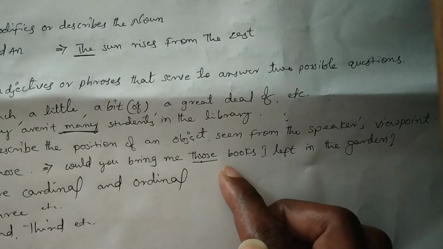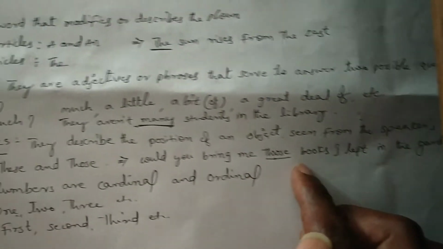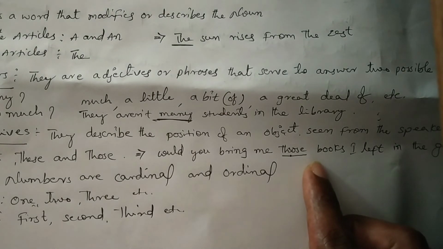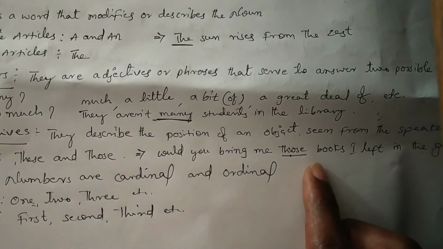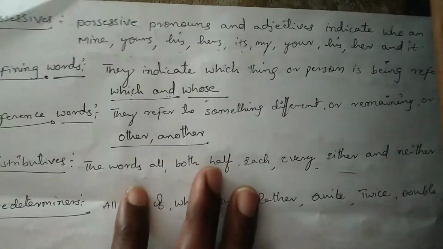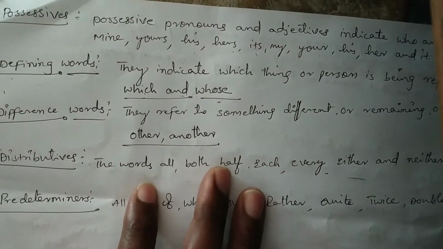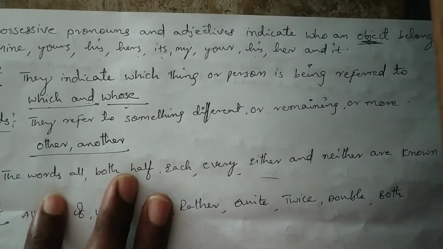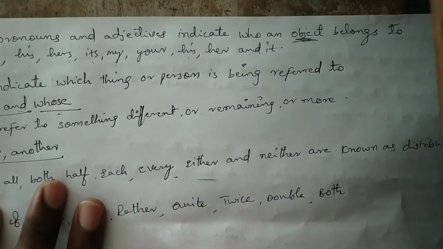And the next one is the numbers, cardinal and ordinal numbers. Cardinal: 1, 2, 3. Ordinal: first, second, third. Possessives: possessive pronouns and adjectives indicate who an object belongs to.